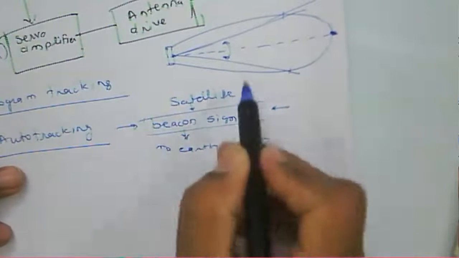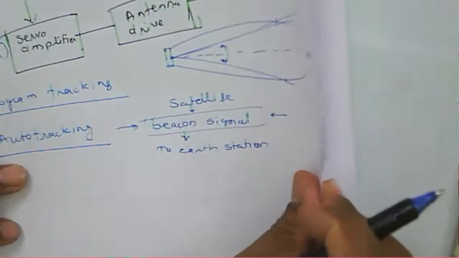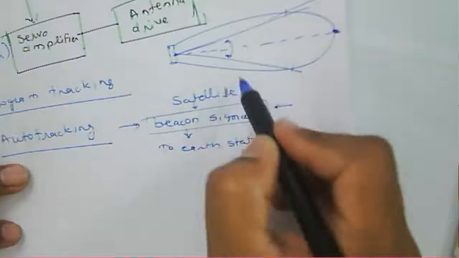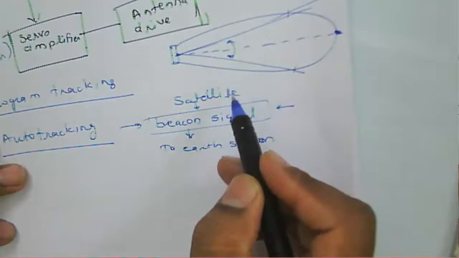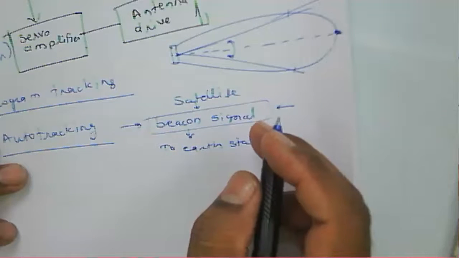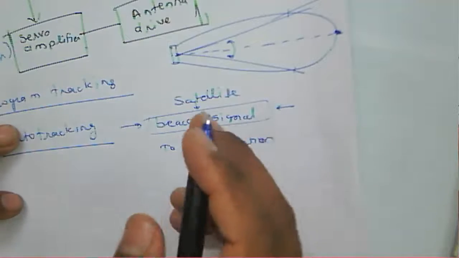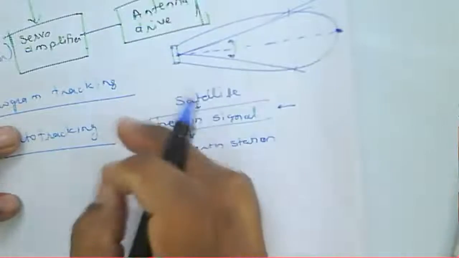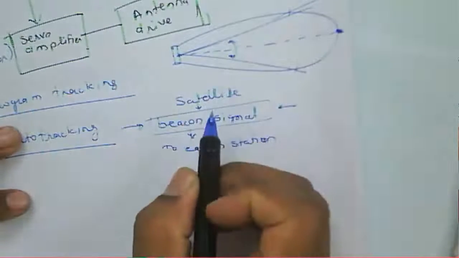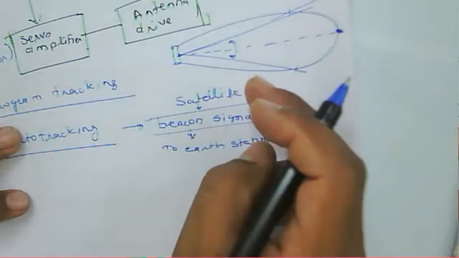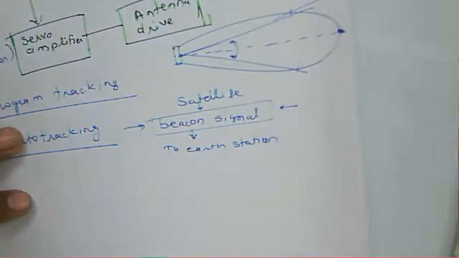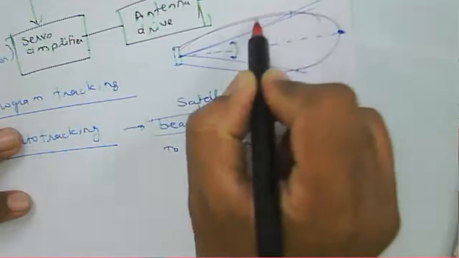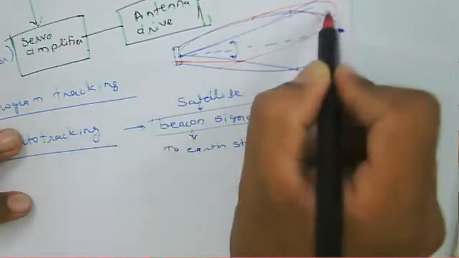So now the beacon signal is sent, and according to that, we can measure the level of the signal. For the given radiation pattern, if the main axis has a small angular variation, suppose we say likewise we have the maximum here, and likewise this one.